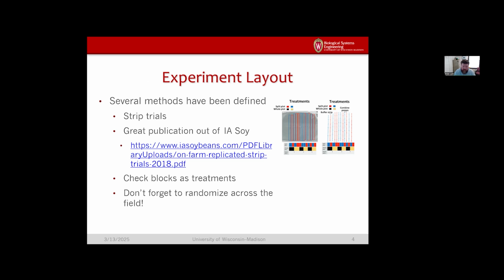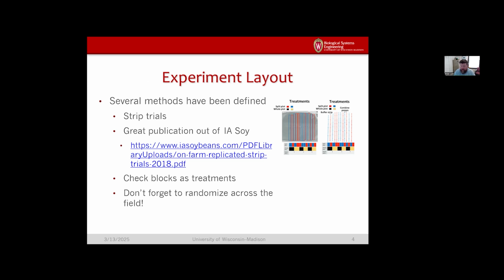So just to give you an idea, I put that picture up there where we're looking at a strip trial, whatever that could be. One of the things you always have to consider, and I think I have this in a later slide but I'll bring it up now, is the width of the equipment.